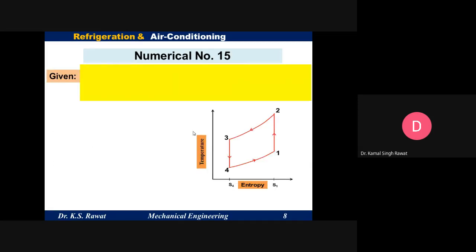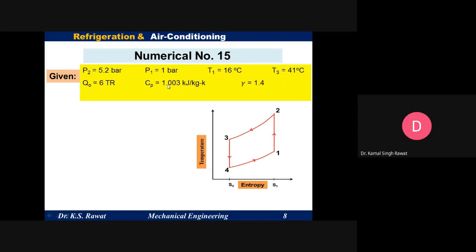First, we have the two pressure limits: P2 is equal to 5.2 bar and P1 is equal to 1 bar. We have temperature T1 at the inlet of the compressor as 16 degrees and at the outlet of the air cooler 41 degrees centigrade. The capacity of this refrigeration machine is 6 ton or 6 TR.